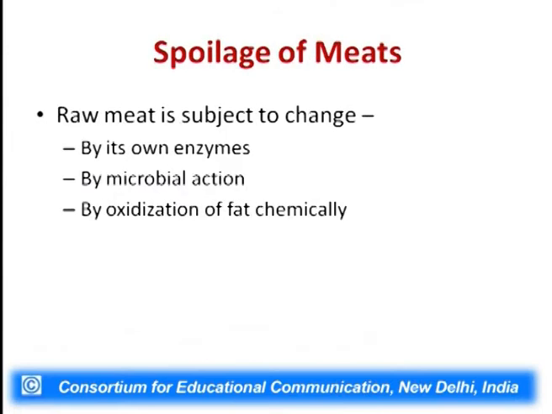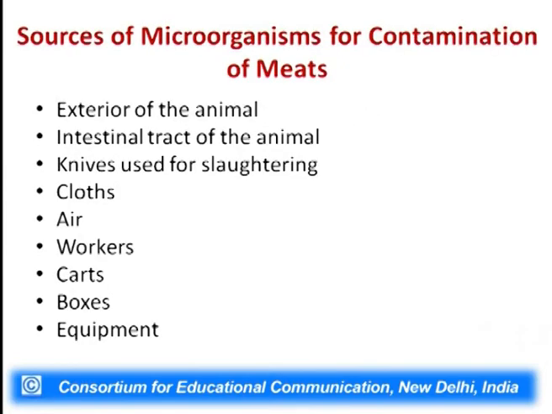Spoilage of meats may be due to its own enzymes, or microbial action, or oxidation of fat due to chemical reasons. So, these are the three reasons which may lead to the spoilage of meats.